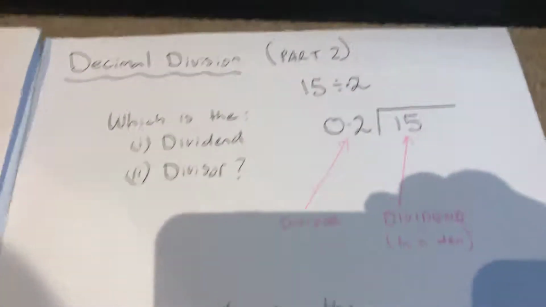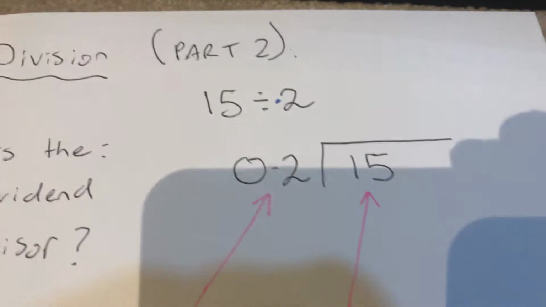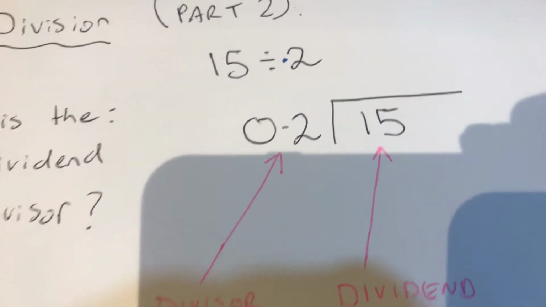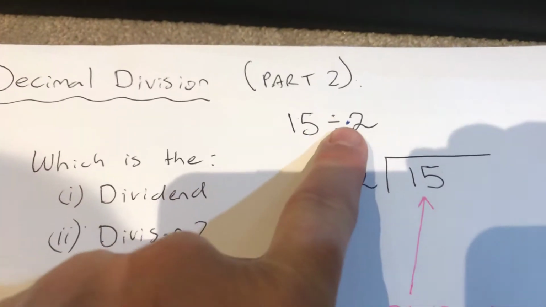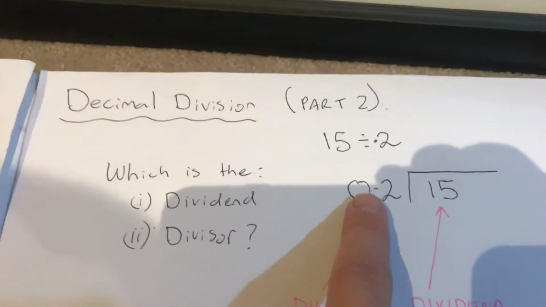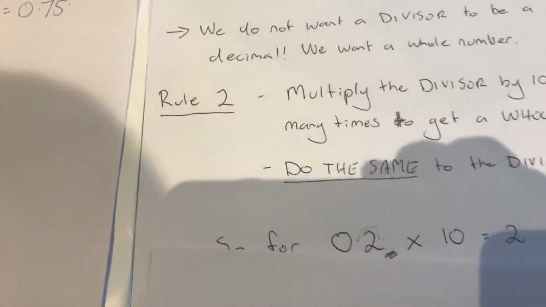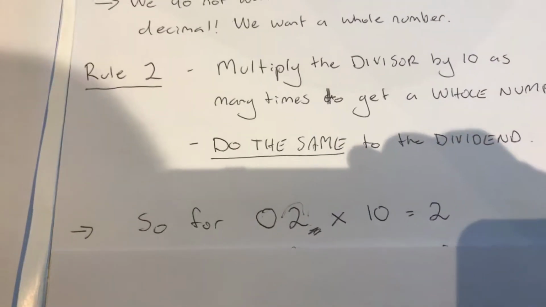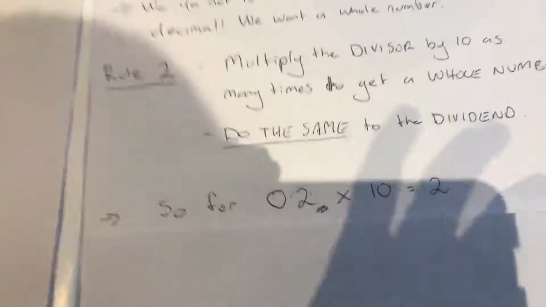So if we think about this question back here, 15 divided by 0.2, I have put the 0 on there. For 0.2, we can turn it into a whole number.